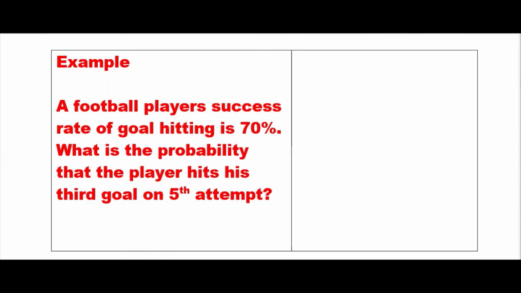We are not fixing the number of trials. We are not saying the player will get only 5 chances. Maybe the player will get many chances, 10, 15, 20, whatever number of chances. But the question is, what is the probability that the player hits his third goal on the fifth attempt?